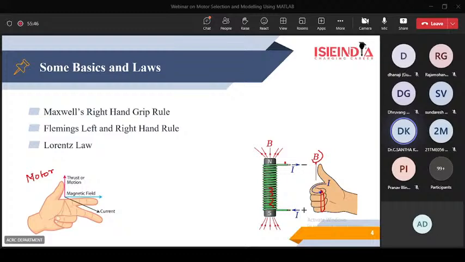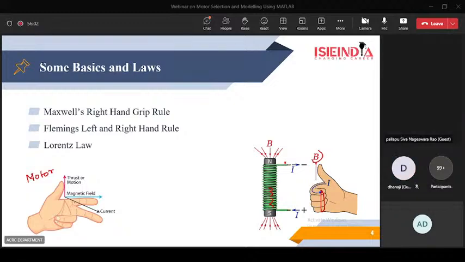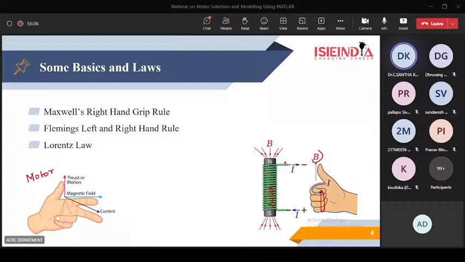There are magnetic fields and the flow of current, and motors have a stator as well as a rotor. According to the configuration of the motor, some stators have permanent magnets, and some stators have a number of coils over them.